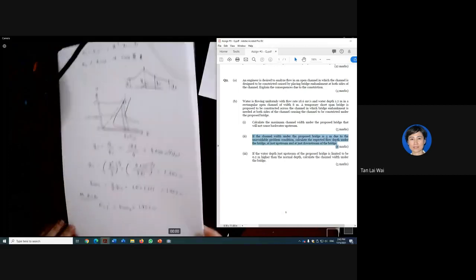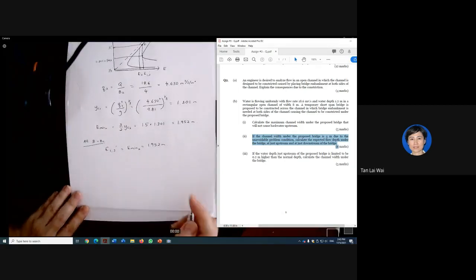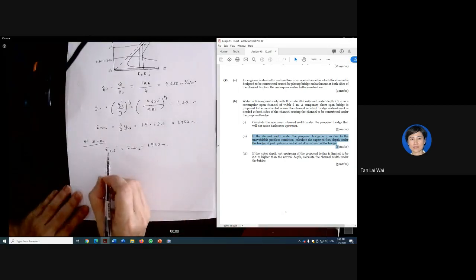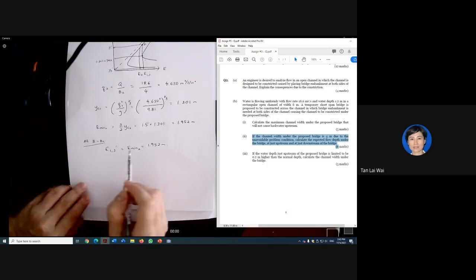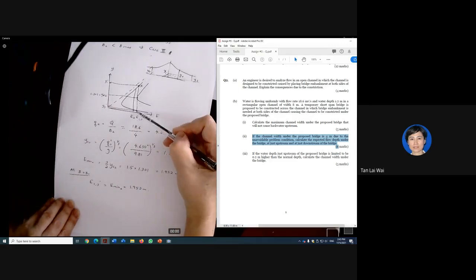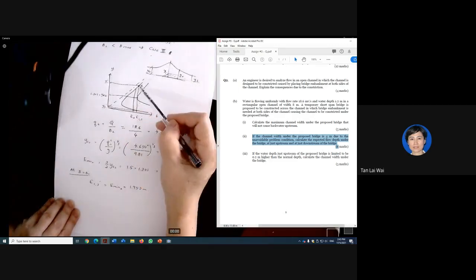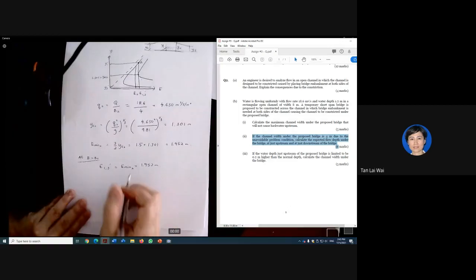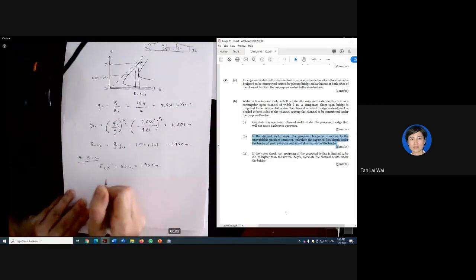Once I have that, can I find Y1 and Y3 new? Yes, I could. I could find this value and this value already, which are the sequent depths.